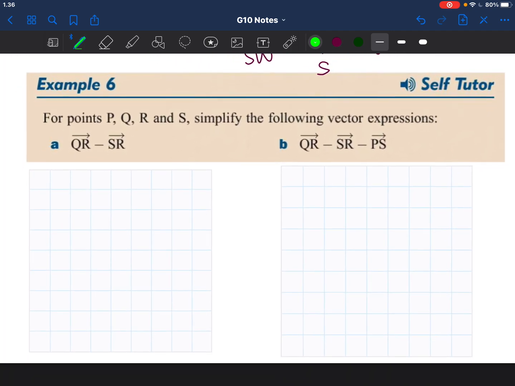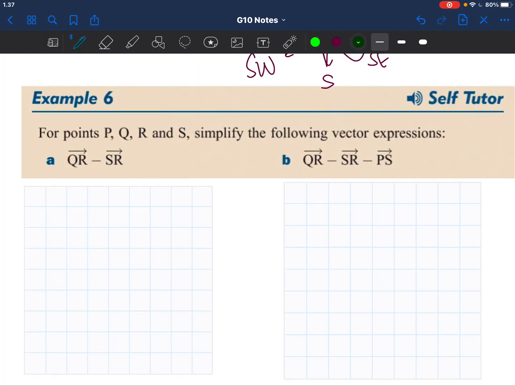Alright, so let's do another example. This one's a bit different. They say for points P, Q, R, and S, simplify the following vector expressions. So for the first one, it says vector QR minus vector SR. But they didn't give us any diagrams or any pictures here, right? So let me show you how to do this. It doesn't matter the units.